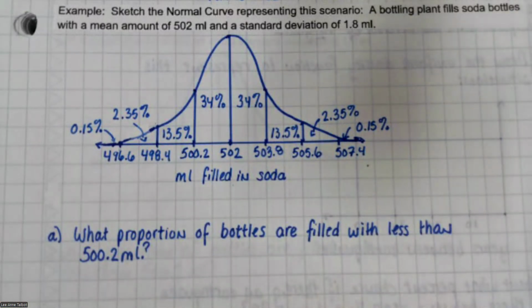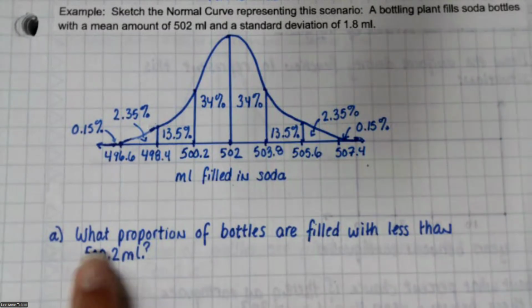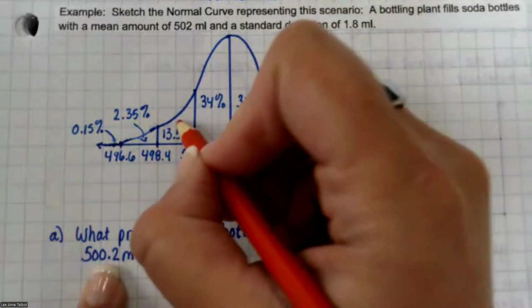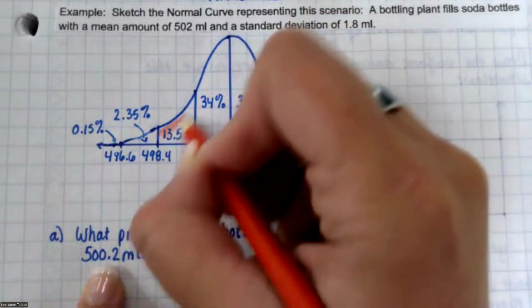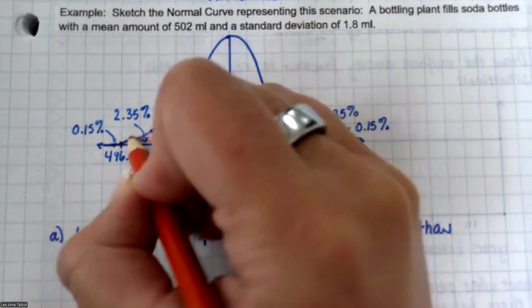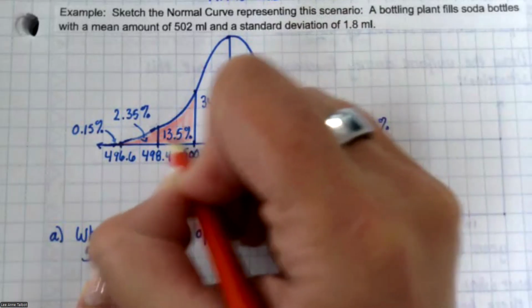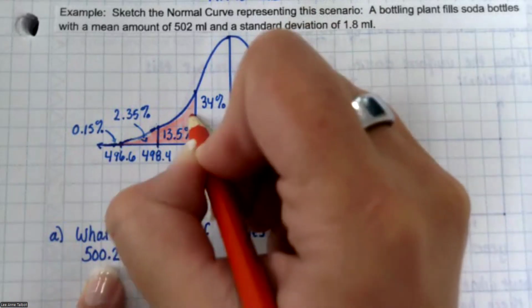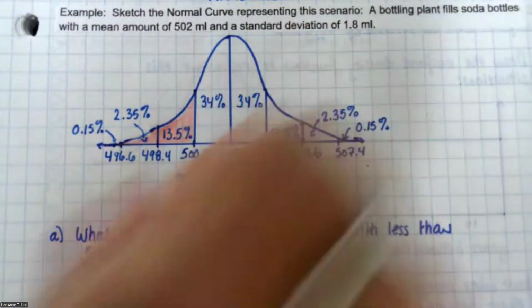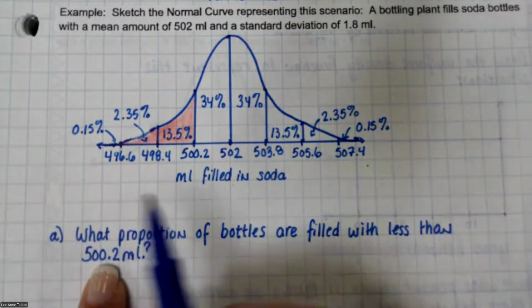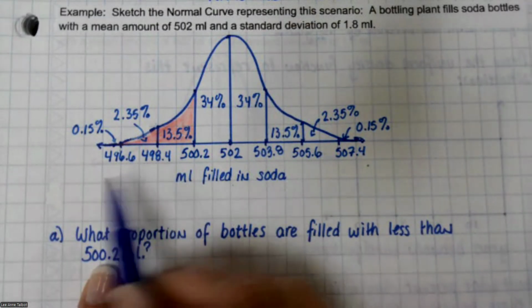Okay, and then I'm gonna get that colored pencil back out. What proportion of bottles are filled with less than 500.2? Okay, so less than 500.2 would be all of this area here. Does that make sense to you guys?